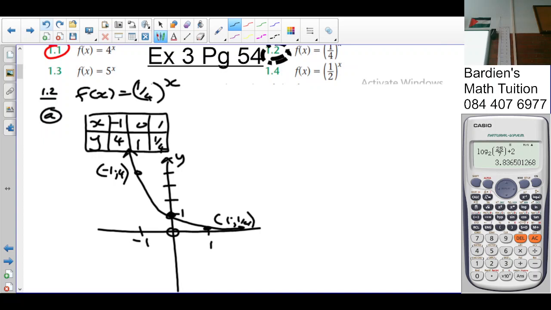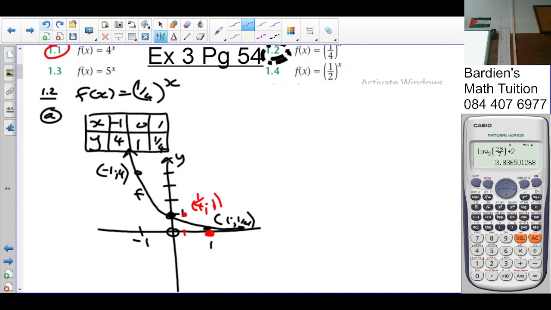Then question B says to draw your inverse function. So what do we do? So this is f of x, no? What do you do for the inverse function? Interchange x and y. So 1 and a quarter becomes a quarter and 1. 0 and 1 becomes 1 and 0.